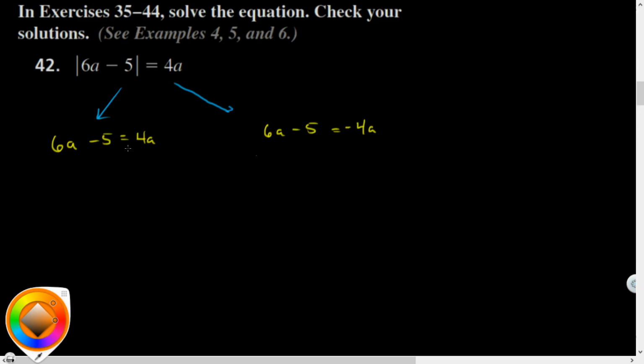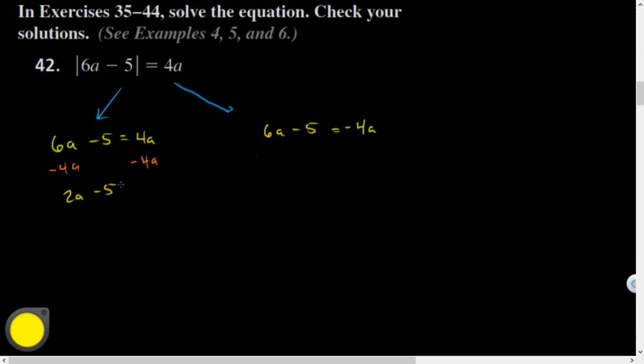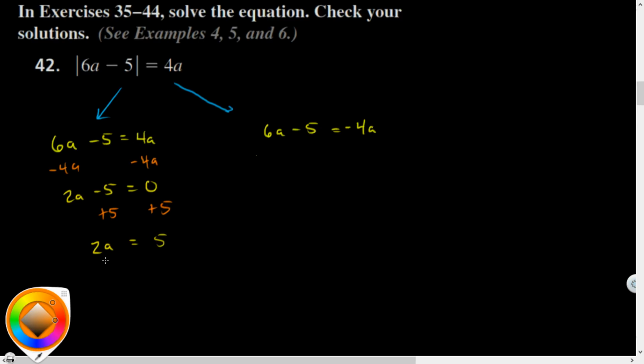Now I just solve normal style. Subtract 4a from both sides. You could have moved the 6a and saved yourself a step, I suppose. 2a minus 5 equals 0. Add 5 to both sides. This is going to be a fraction, which is a pain for checking, but it's doable. Divide both sides by 2, and I'm going to get a equals 5 halves.